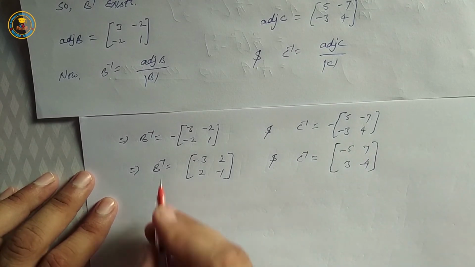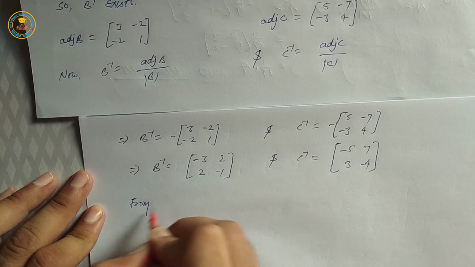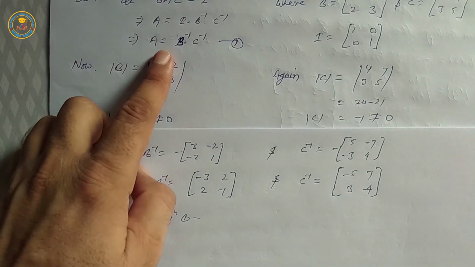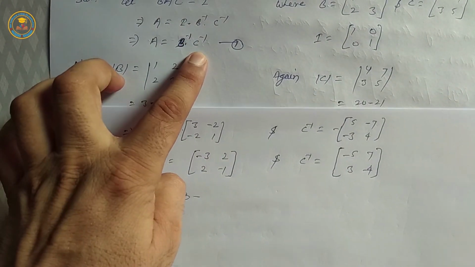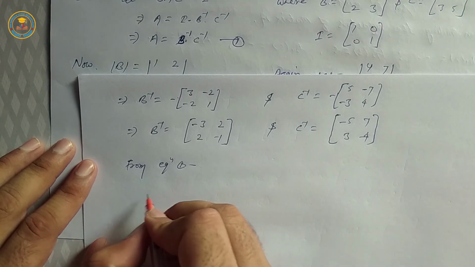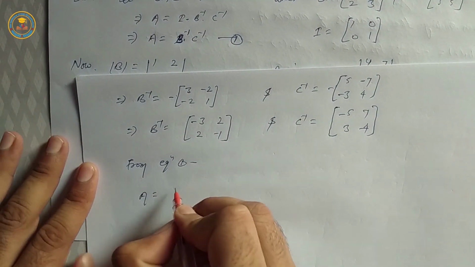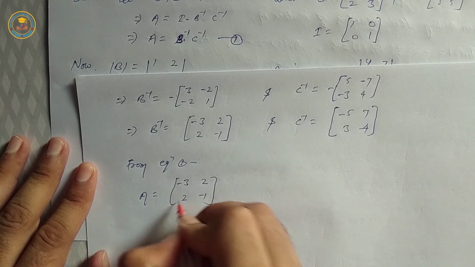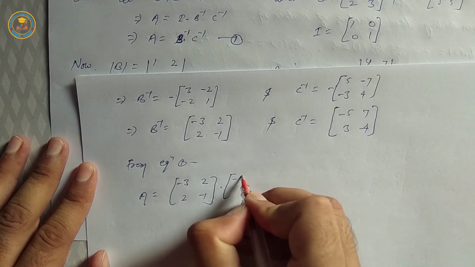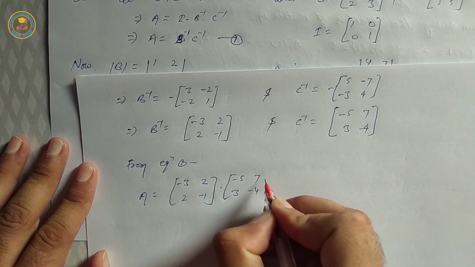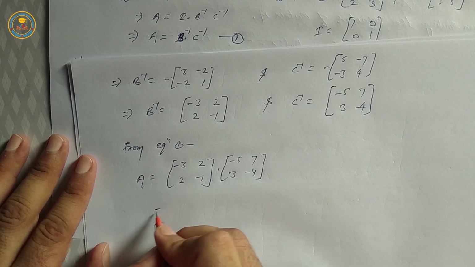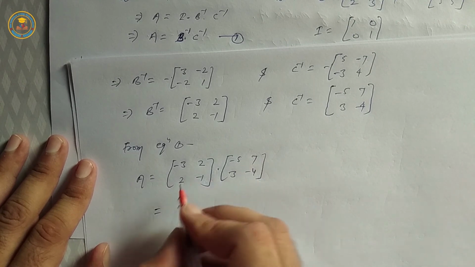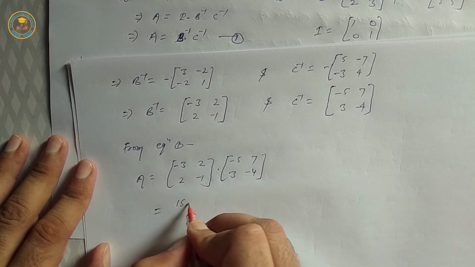Okay. From equation first, matrix A is equal to B inverse into C inverse. Matrix A is equal to B inverse, -3, 2, 2, -1, into C inverse, -5, 7, 3, -4. First row, first column: -3 into -5 plus 15 plus 6.